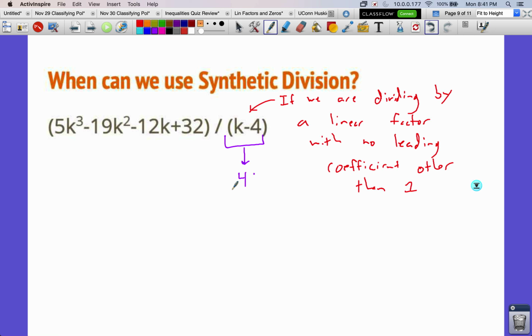Remember, when you go from a factor to a root, you always flip the sign. And now we just do synthetic division with this root.